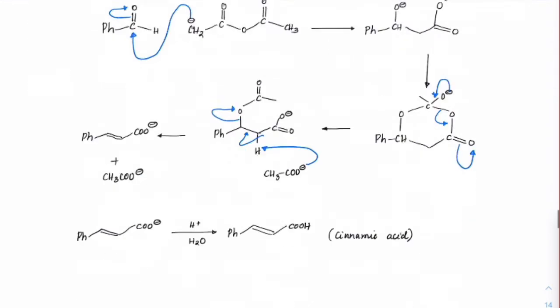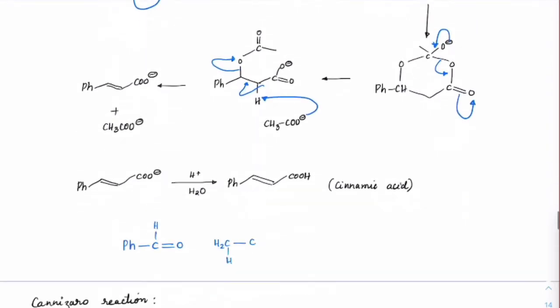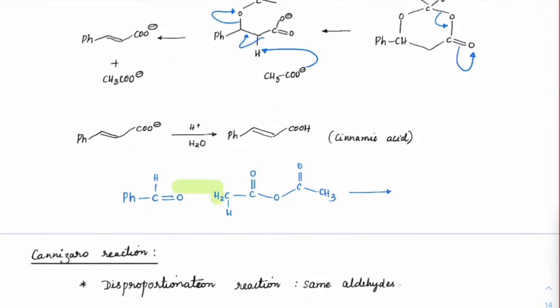How do we do this in a short way? Check this. We have Ph-CH=O and CH3 with C=O, O, C=O, CH3. This is how it is present. Simply take out water and connect it.